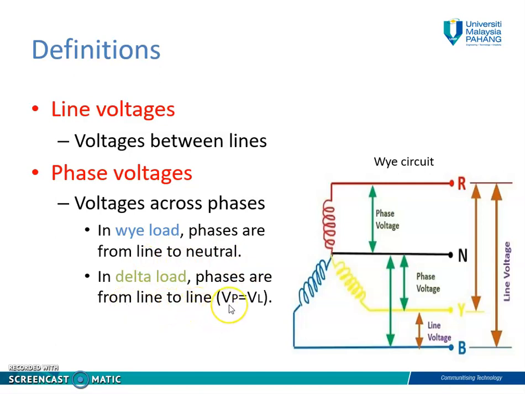Meaning that V phase is equal to V line in delta load. And then we have a neutral point. It is usually at the supply end for protection and safety reasons. And each live conductor is then at a definite potential to Earth.